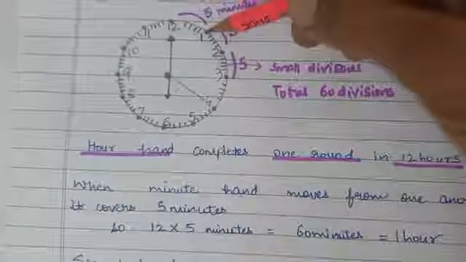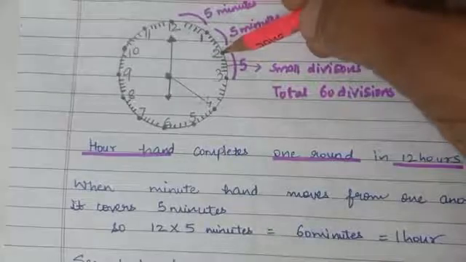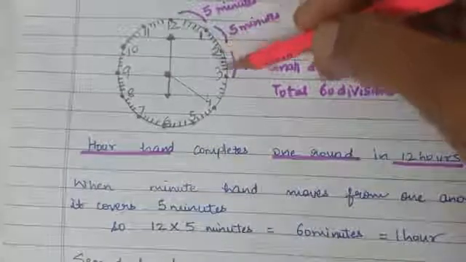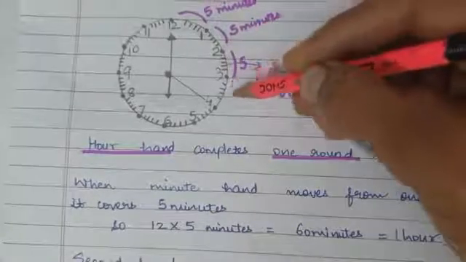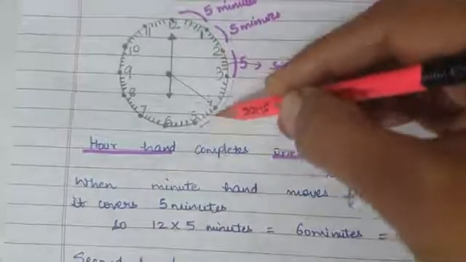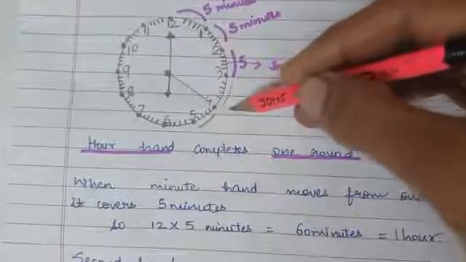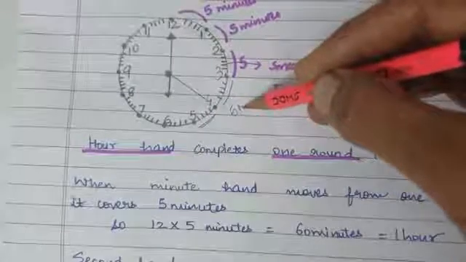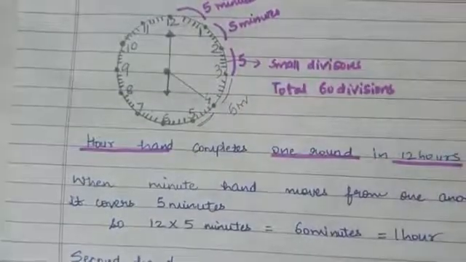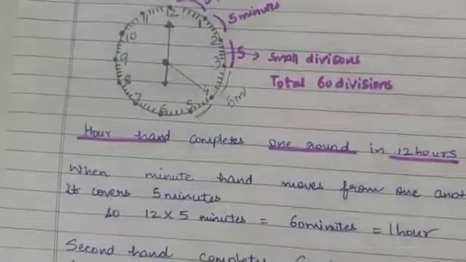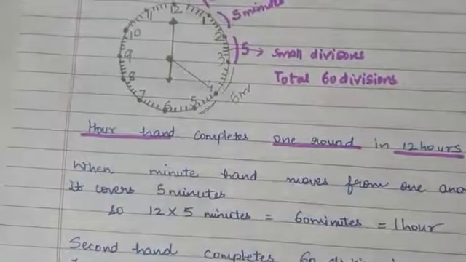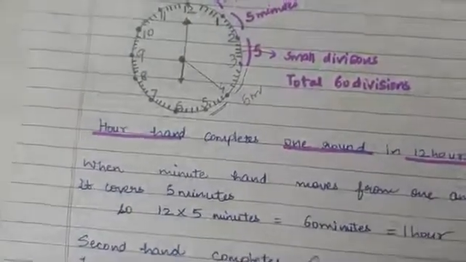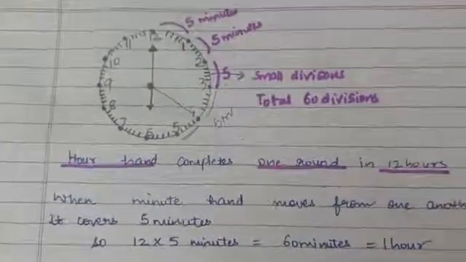Again from 1 to 2, 5 minutes. From 2 to 3, 5 minutes. Similarly, in all the cases, there will be 5 minutes. If we write here and count how many minutes there will be in one round, let us see.